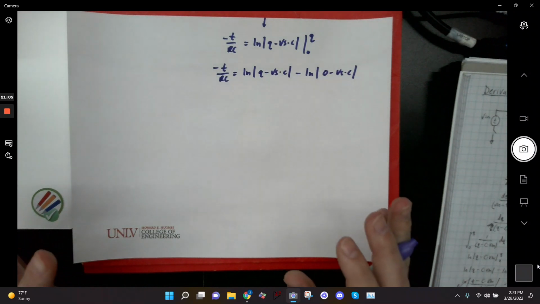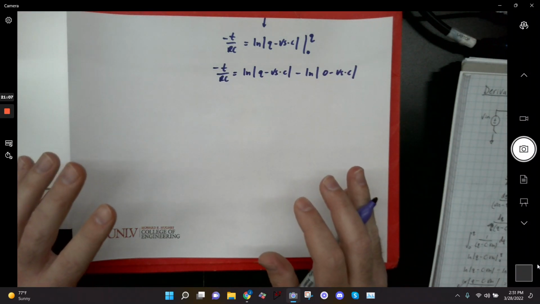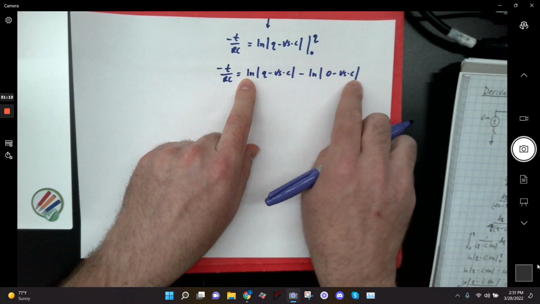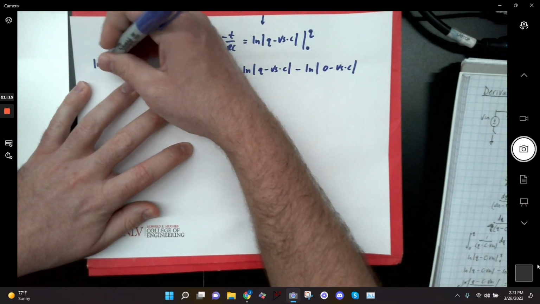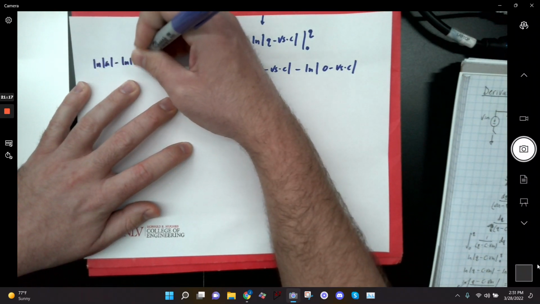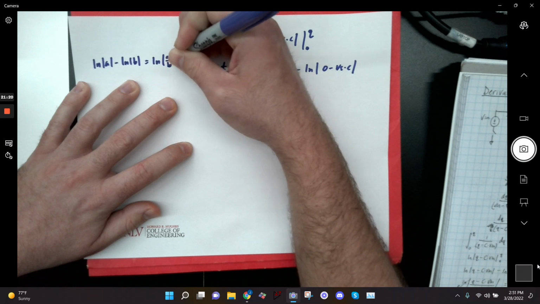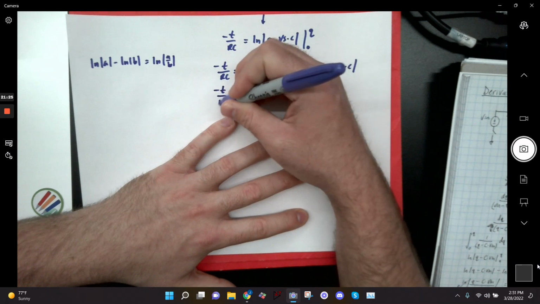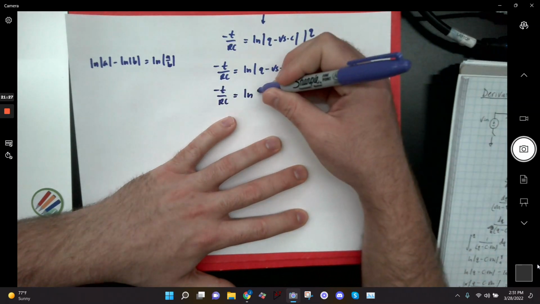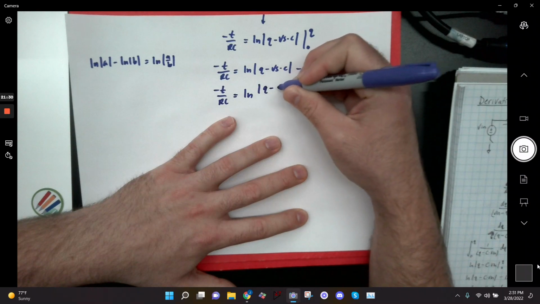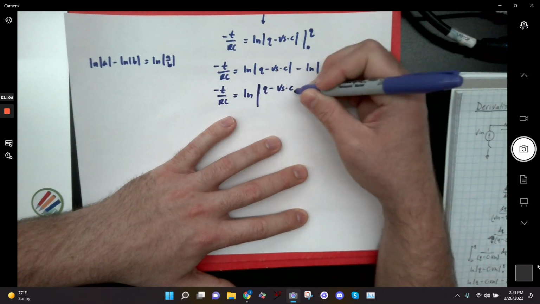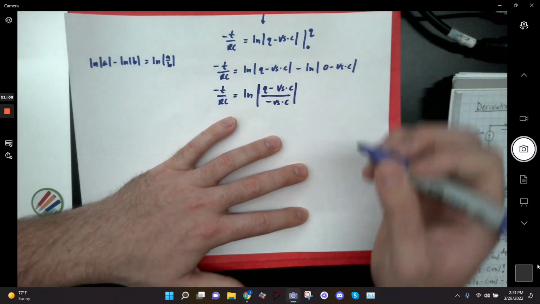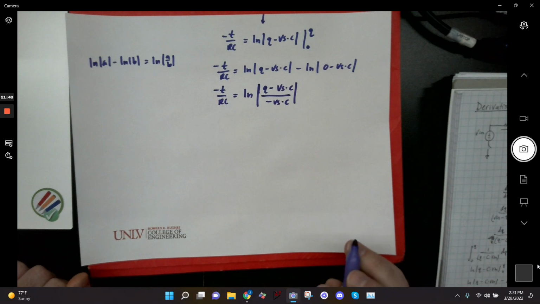I don't know how familiar everyone is with log rules, but now I can turn this into a quotient, because ln of A minus ln of B is equal to the ln of A over B, right? Okay. So negative t over rc is going to give me the natural log of q minus Vs times c over 0 minus Vs times c, which is basically just negative Vs times c. Still ugly. I'm not done.